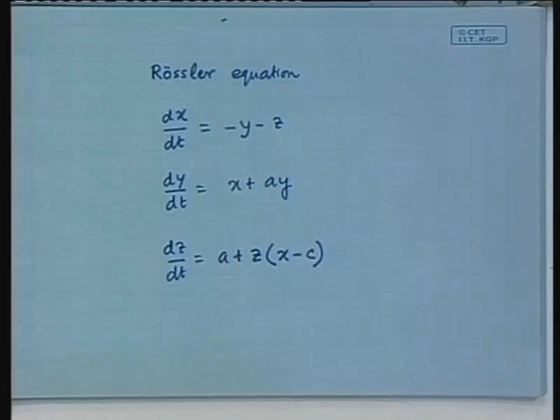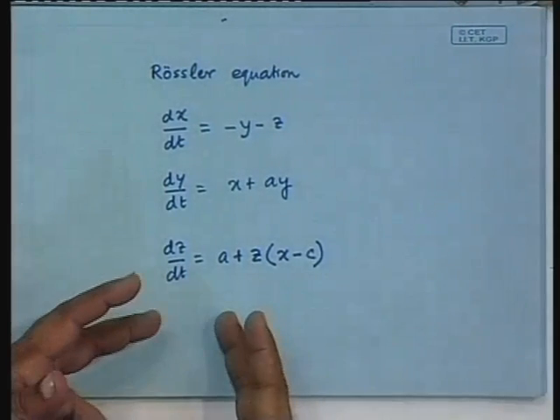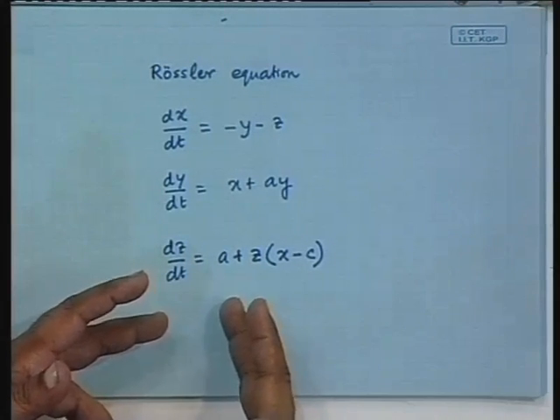Not exactly, because of this one. But of course, how many equilibria are there? Try to find. Both of them actually exist.